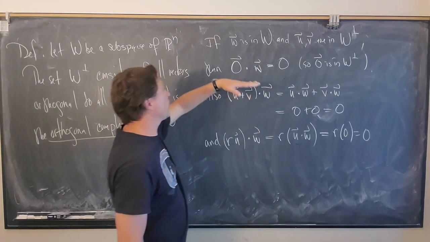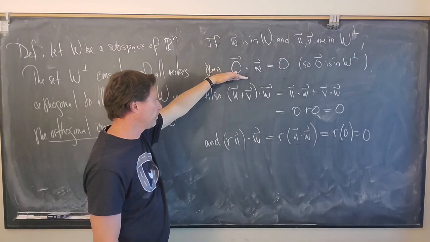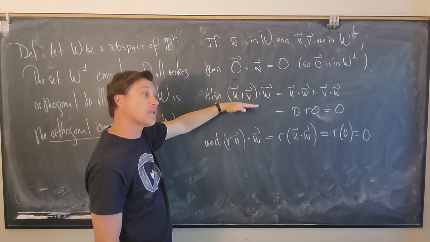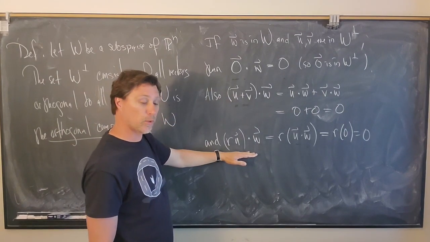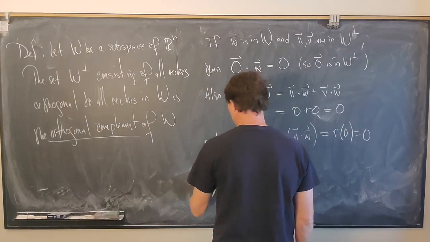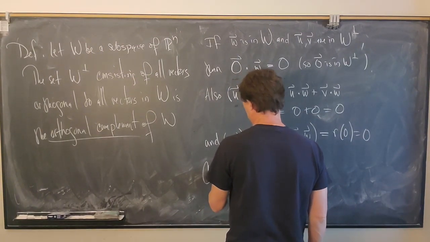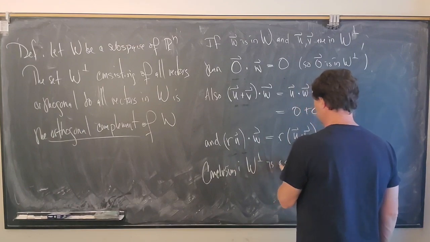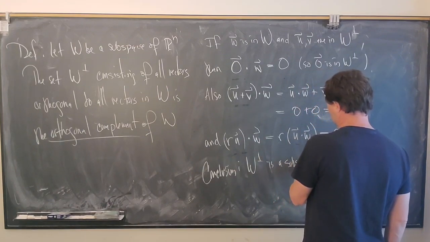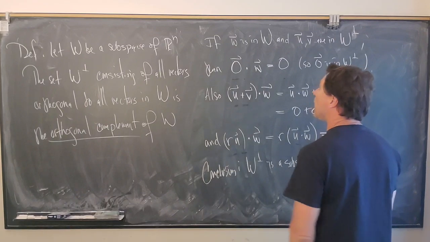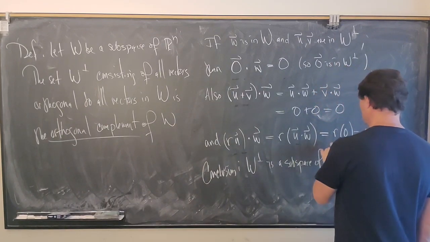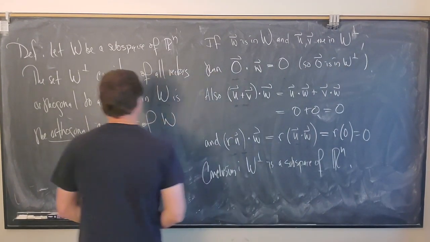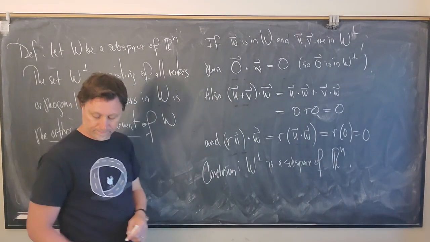I showed W perp is guaranteed to be non-empty. The sum of two vectors that lie in W perp is also in W perp. Same with scalar multiplication. So, conclusion, W perp is a subspace of Rn. Right, so every time you have a subspace, there's another subspace. That's the orthogonal complement.